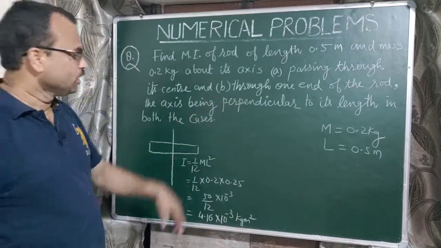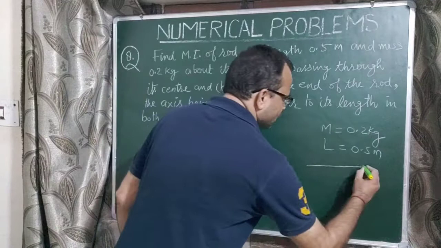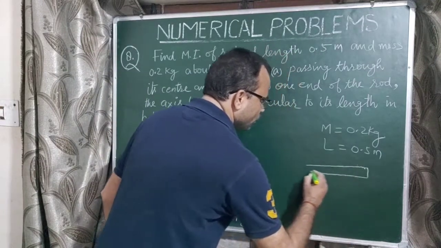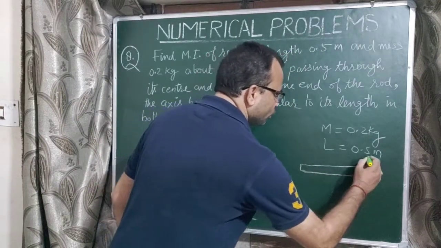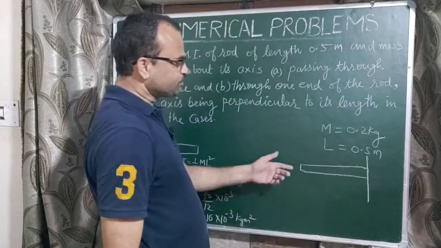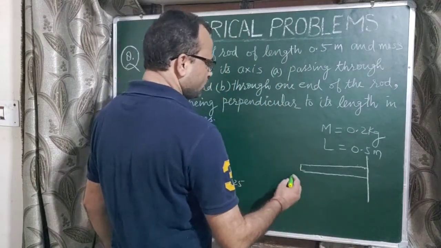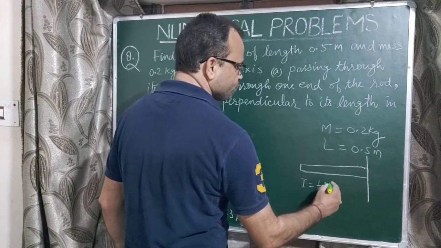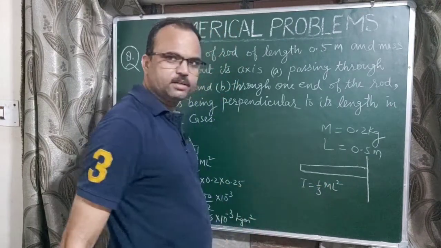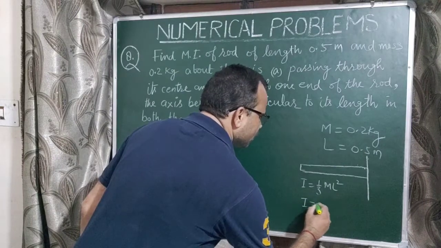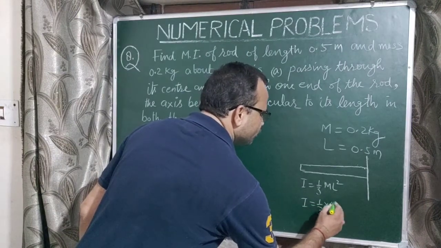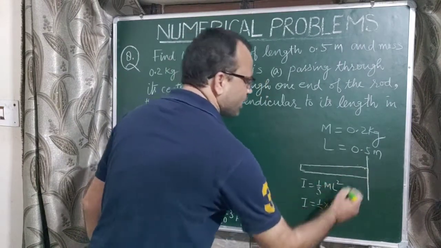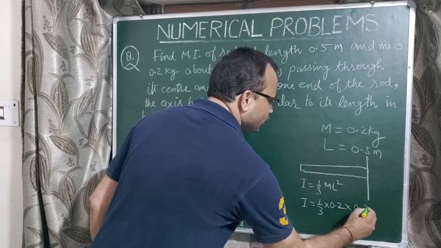Now move to the second part, when the axis passes through one end of the rod. Like this. In this particular case, the value of moment of inertia is 1 upon 3 m l square. Right? Substitute the value of m and l. 1 upon 3, value of m is 0.2 and l square means 0.5 square means 0.25.